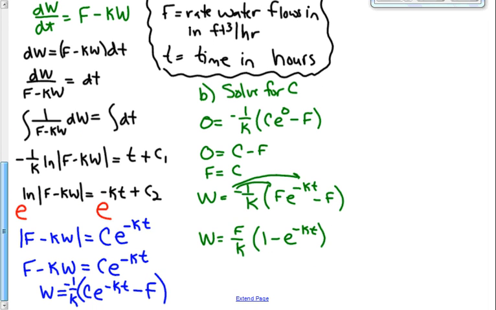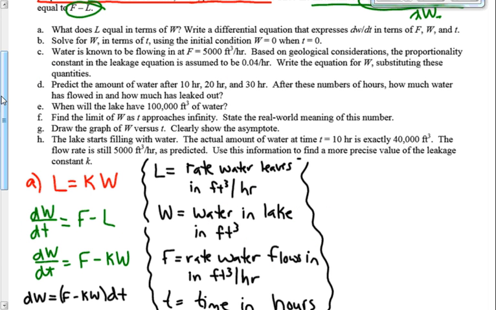Okay, so now we're just plugging stuff in to the equation that we had. So I'm going to take this equation that we have down here and I'm going to rewrite it and then plug stuff in. So for part C, I start by rewriting. This is where we were, and now I'm just going to plug stuff in.